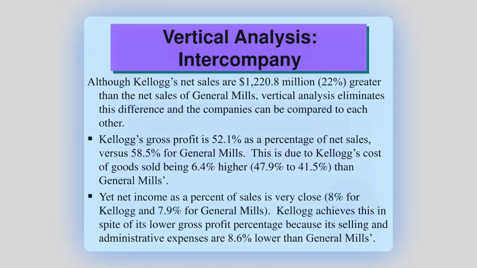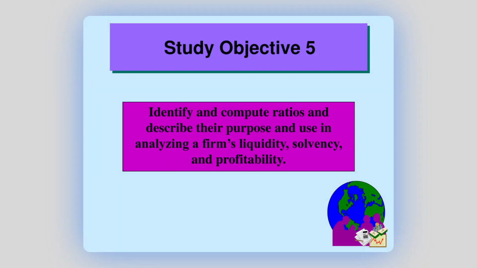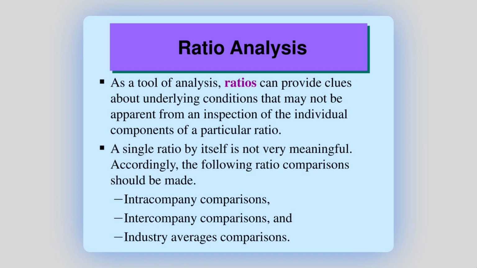Okay. So, next item is all about our ratios. So, you have your liquidity, you have your solvency, and also you have your profitability. So, it is more on the ratio analysis. So, ano naman ang ibig sabihin ng ratio analysis?